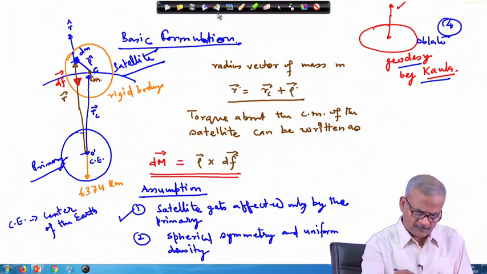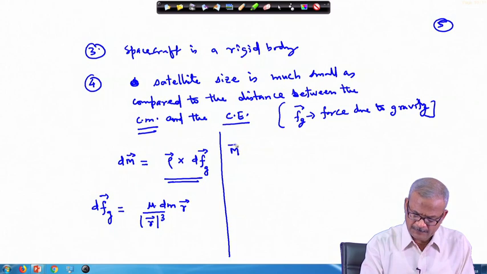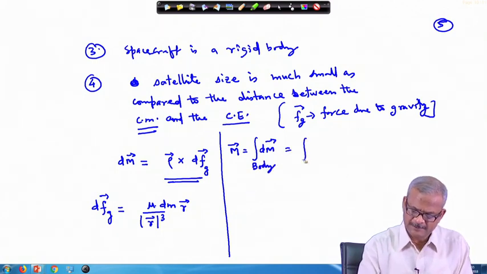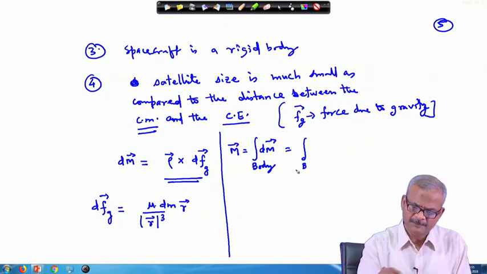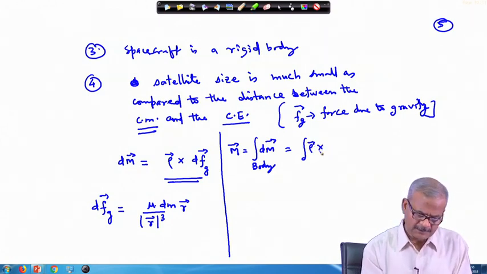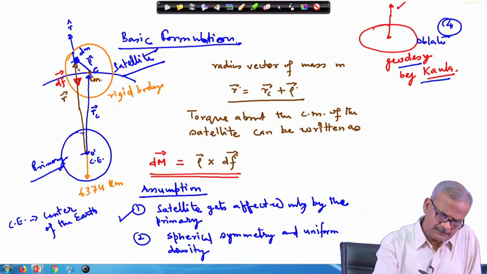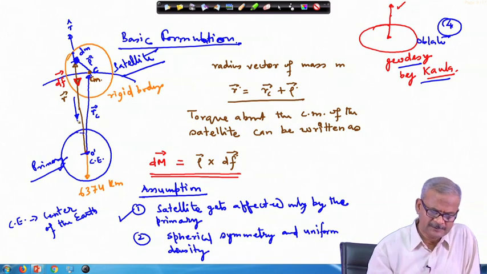Now, if we have to calculate the whole torque, M, we must integrate this over the whole body. This is just integration over the whole body, and therefore this becomes rho cross, and here we need to put a minus sign, because the gravitational force is opposite to the r direction.